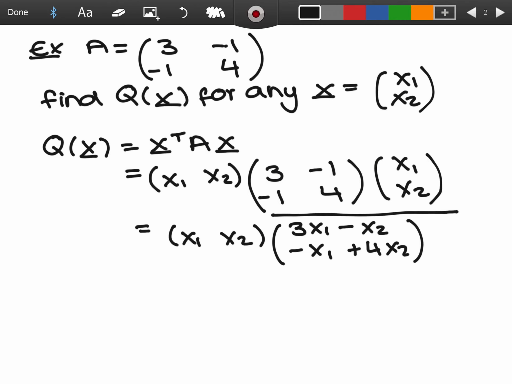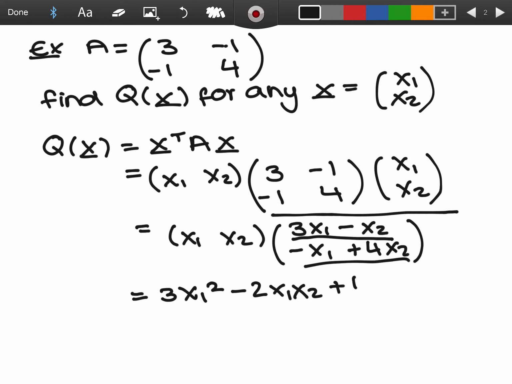The dimensions match here because I have a 1 by 2 vector times a 2 by 1 vector. I'm going to end up with a 1 by 1. That's a scalar, okay? So when I multiply this out, I'm going to get x1 times this first row here plus x2 times this second row. When you do that and simplify it down, what you should end up with is this equation. Okay. So I basically have a quadratic here in terms of x1 and x2. Okay, that's why it's called a quadratic form.